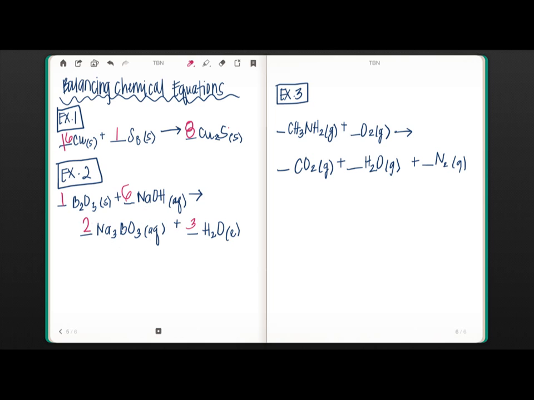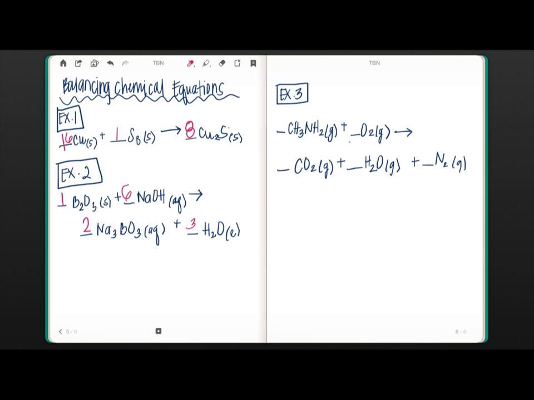You have 2 boron, and then as for hydrogen, you have 6 hydrogen, and then 3 times 2 is 6 hydrogen. And then oxygen, you have 2 times 3, which is 6, plus another 3, which is 9 oxygen, and then 6 oxygen plus 3 oxygen is another 9. So this all balances out for the second example.